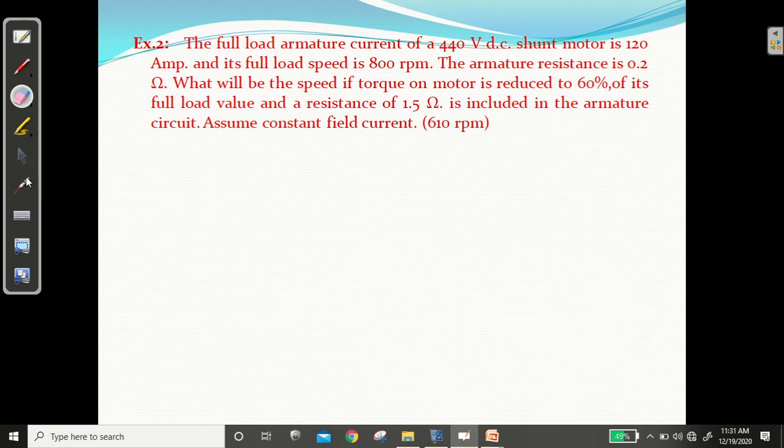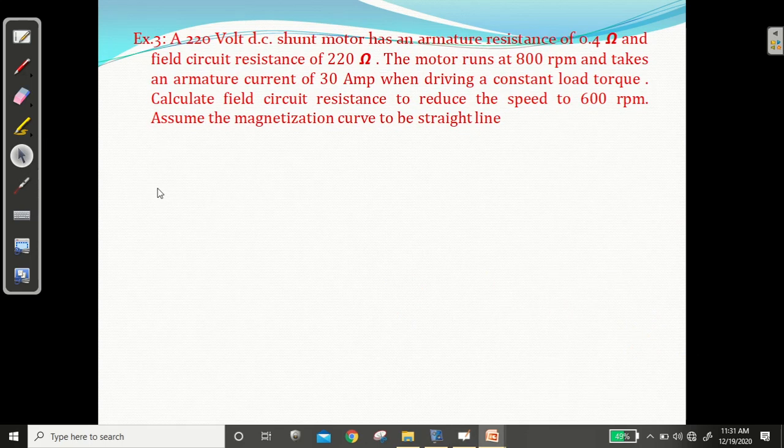One more example I am going to discuss, example number 3. I have given a 220 volt DC shunt motor. So I am going to draw the DC shunt motor, right? It is given 220 volt DC shunt motor.